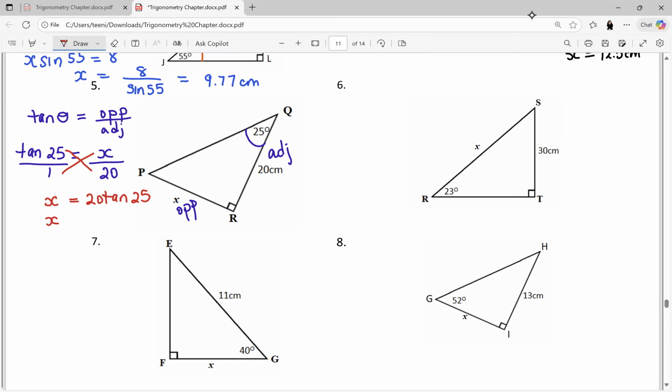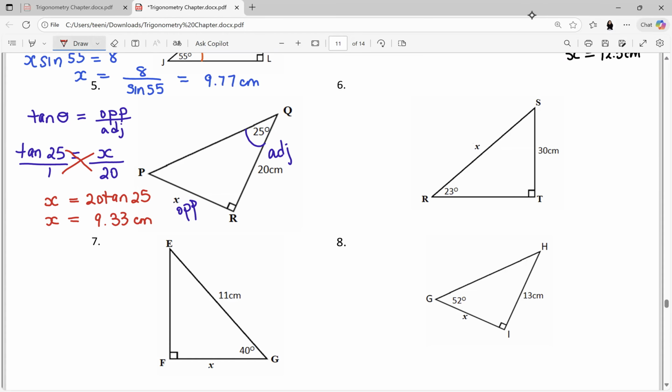Still going to get the same answer. And on your calculator, you type 20 tan 25, which you will get 9.35 to two decimal places. All of these I'm taking to two decimal places. Oh, sorry, 9.33, not 35. Sorry about that.